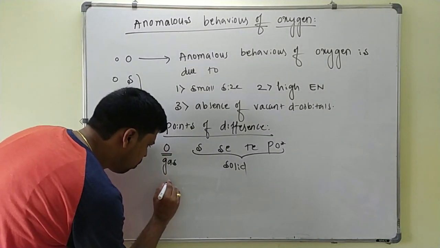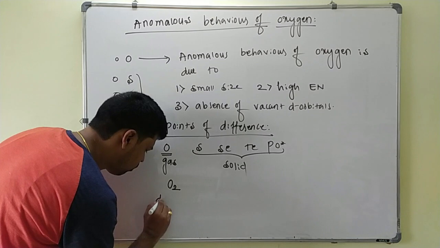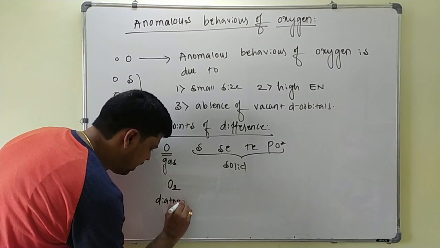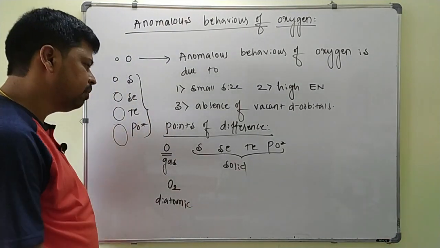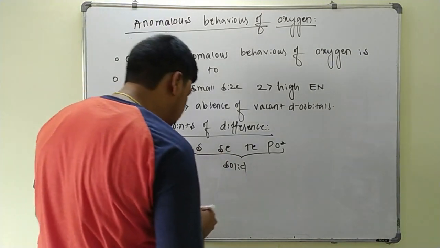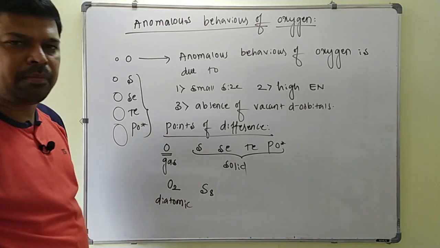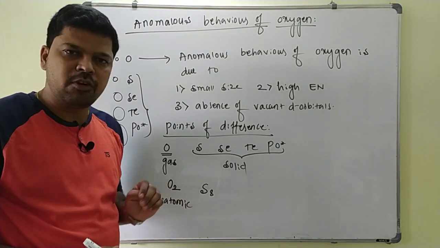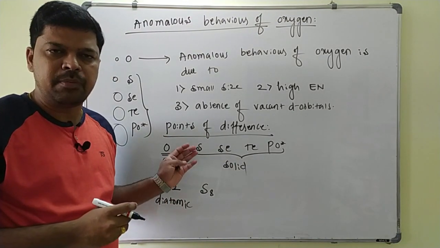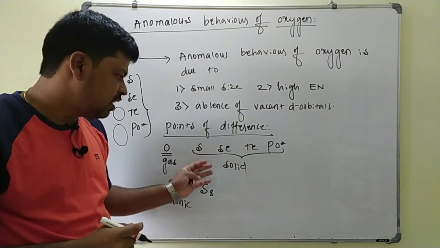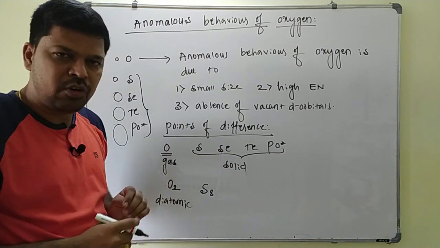Second point, oxygen is diatomic. Oxygen exists as a diatomic molecule, but the remaining members exist as octatomic molecules. Already we have discussed that the remaining members are not able to form the pπ-pπ multiple bond, hence they prefer to form a single bond and they exist in an 8-membered ring like crown shape.